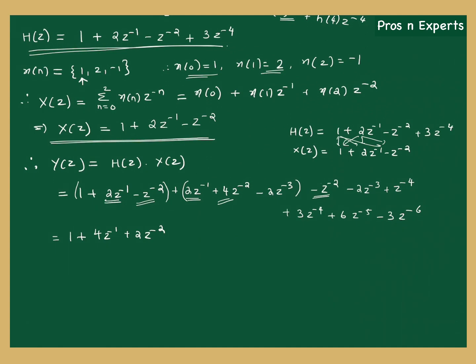Now we have minus 2z inverse 3 minus 2z inverse 3 is minus 4z inverse 3, correct? And we have plus z inverse 4 plus 3z inverse 4, which will turn out to be plus 4z inverse 4. Then these two terms, plus 6z inverse 5 minus 3z inverse 6. Okay, so this is y of z.